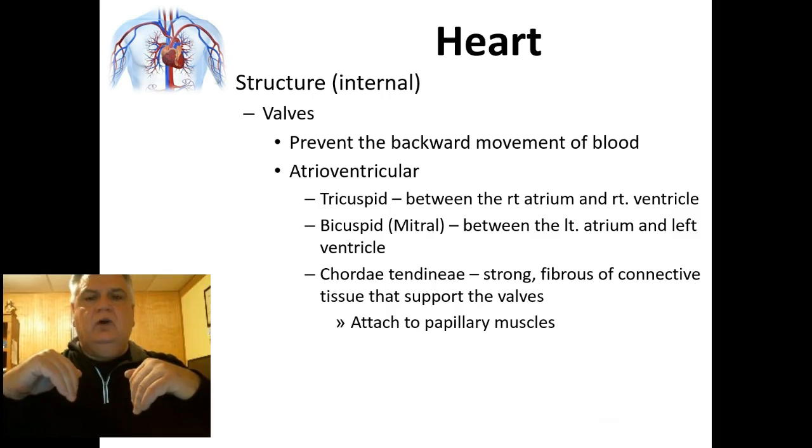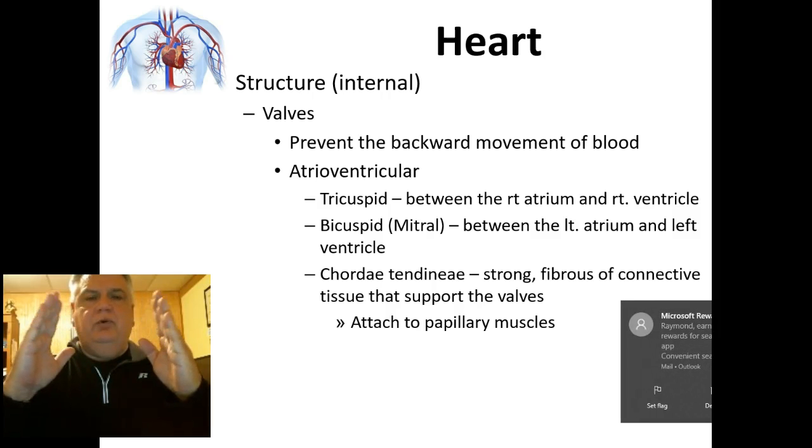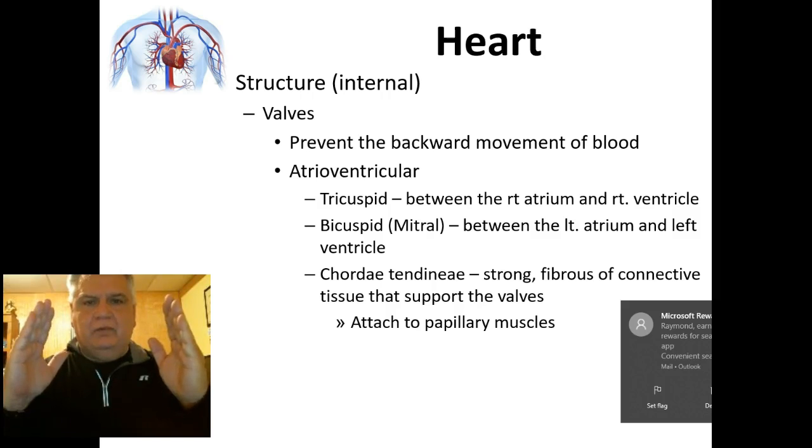As it does, we don't want the blood to go back up into the atrium. So as the ventricle starts to squeeze, the blood pressure goes up in the heart, and it's going to push that valve closed. Because the pressure is higher in the ventricle than in the atrium, the valve would tend to want to evert or push back up toward the atrium, or what we might call prolapse.